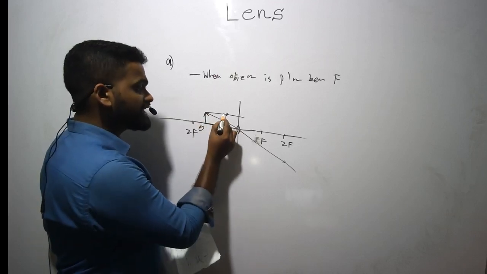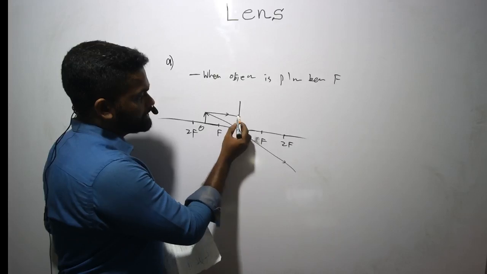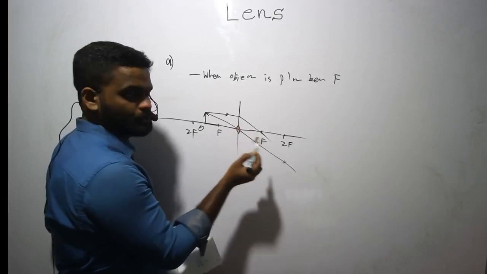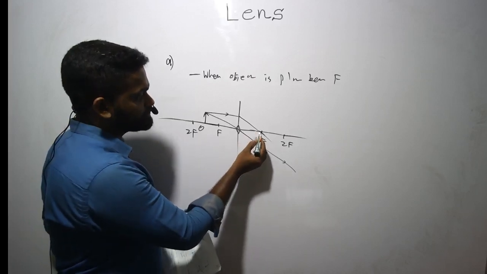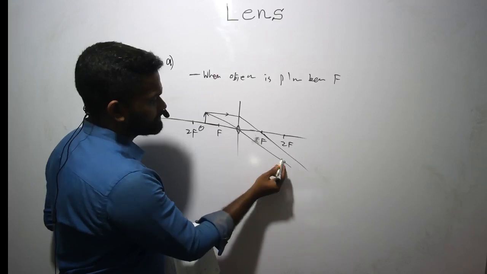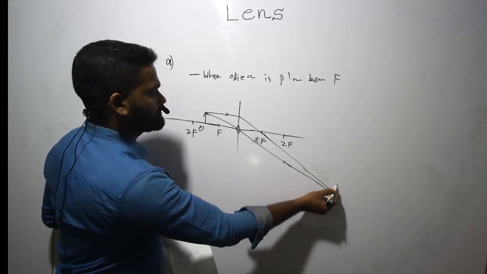Then you can draw another ray that is parallel to the principal axis. Use a ruler when you are drawing these. That ray always goes through the focus.